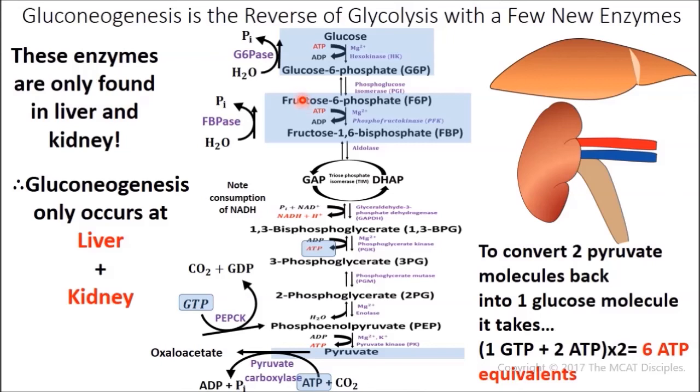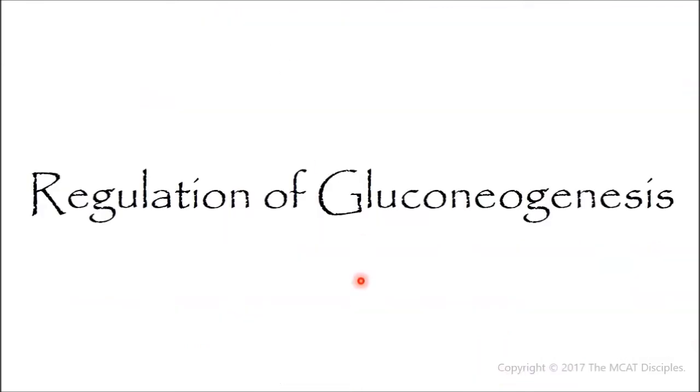Then fructose 6-phosphate goes via PGI to glucose 6-phosphate, and then glucose 6-phosphatase forms glucose. Again, this only happens in liver and kidney, and it takes up 6 ATP equivalents. It's an energy-demanding process. So we can move on to the regulation of gluconeogenesis.